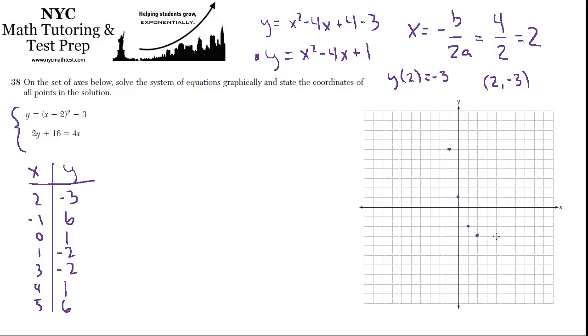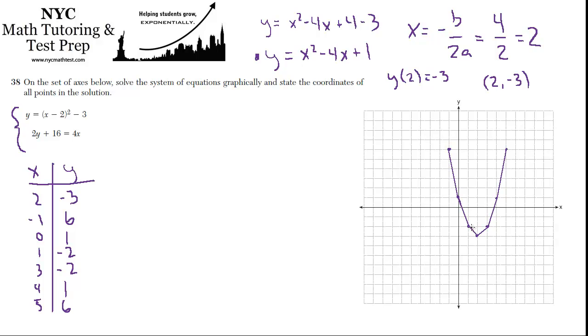And 3, negative 2. And 4, 1. And 5, 6. That's our parabola. So let's try to draw this. It's going to be a little choppy, but it's better than me trying to draw curves, that never ends well. Okay, so that's our parabola. You can imagine it's a little more curved than that.